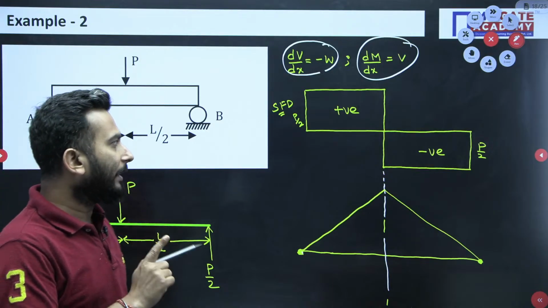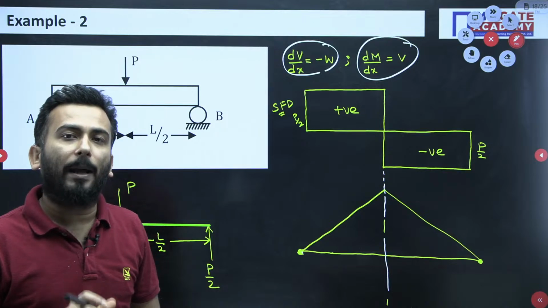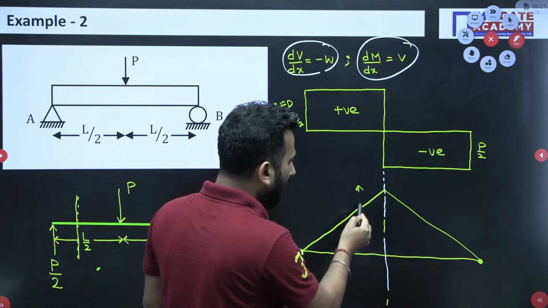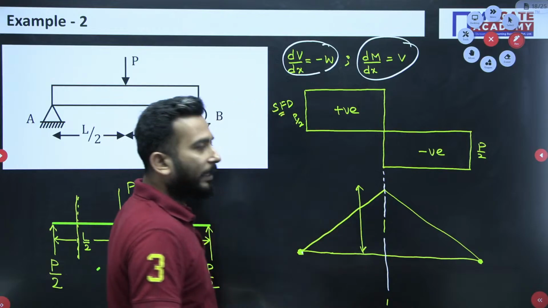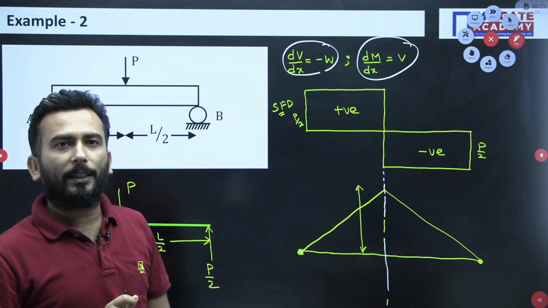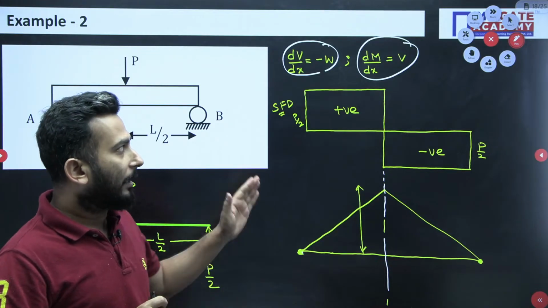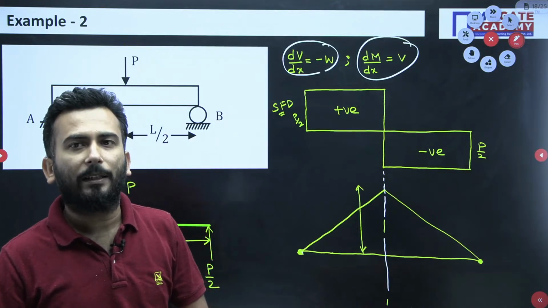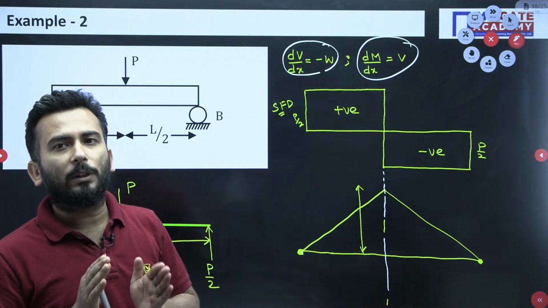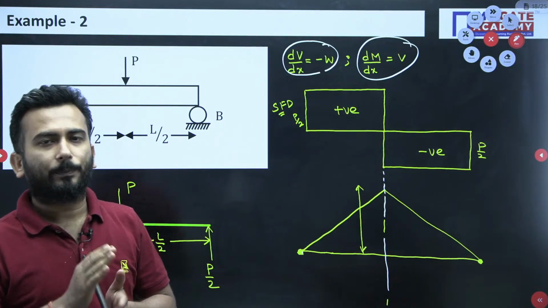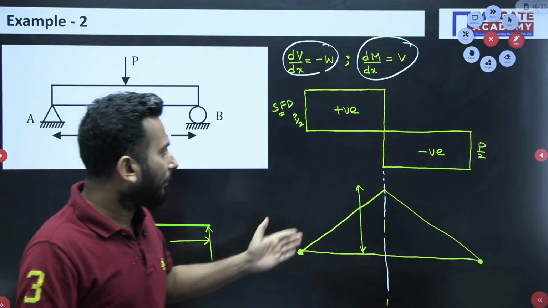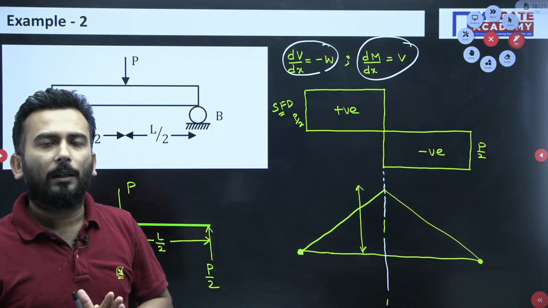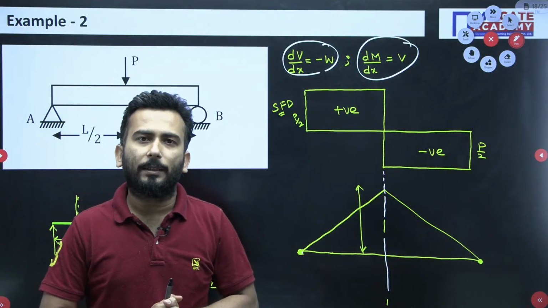But one thing is there, I am not able to tell the magnitude, for example, what is the magnitude of the maximum bending moment over here. This I was able to tell only by the equation model. Graphical method is very good for predicting the shape of the SFD and BMD, but if we have to know the magnitude, or for example at x equal to 2 meter, what is the bending moment, all these values if I have to know, then the equation model is beneficial.